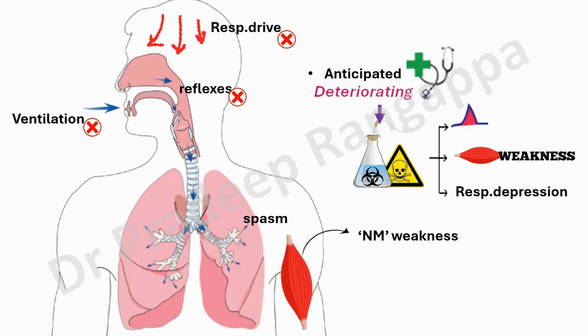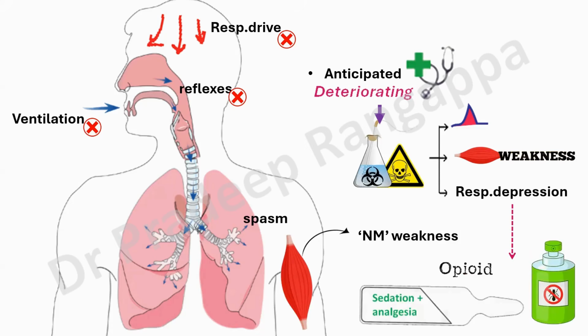These indicate a possible or anticipated deterioration which needs definitive airway management, especially if someone has consumed opioids, sedation, analgesia, or OP, where there can be ongoing deterioration with the consumption that has happened. The quick way is to remember these 5 elements: lack of respiratory drive, lack of airway reflexes, ventilation problems, parenchymal lung problems due to aspiration, bronchospasm, crackles, ARDS, and neuromuscular weakness.